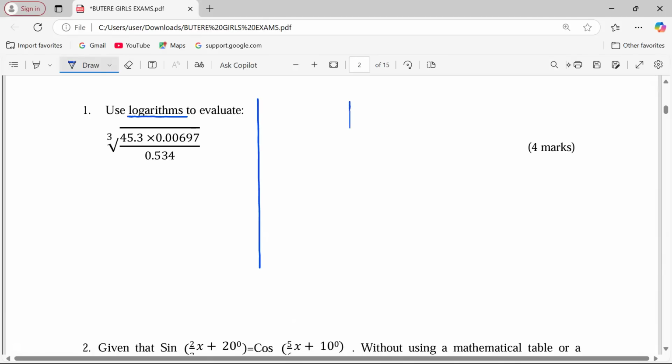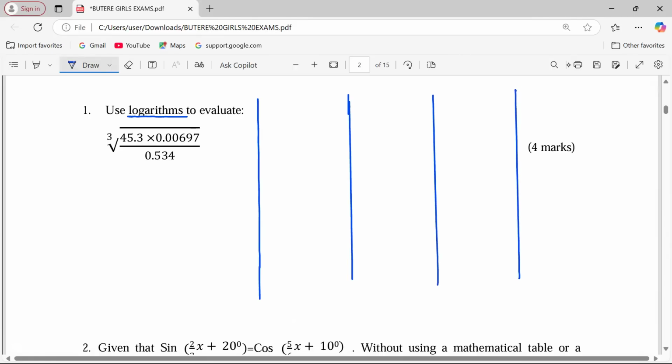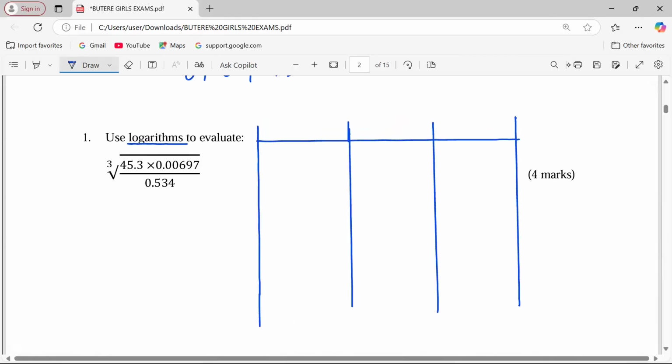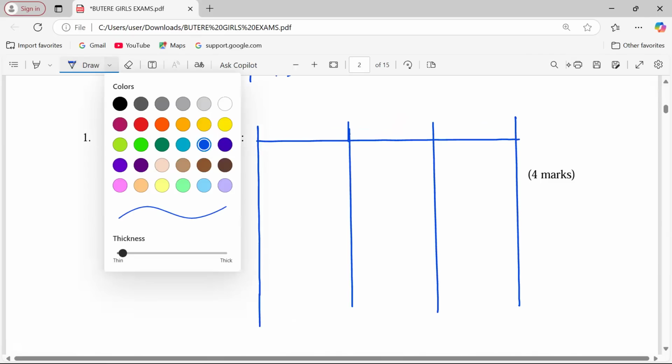Allow me to tabulate my working here, whereby I'm going to have numbers, their standard forms, and their logarithms. So we're going to have a very serious explanation of how this question should be done. Remember, these are 4 marks and they should not be taken for granted.